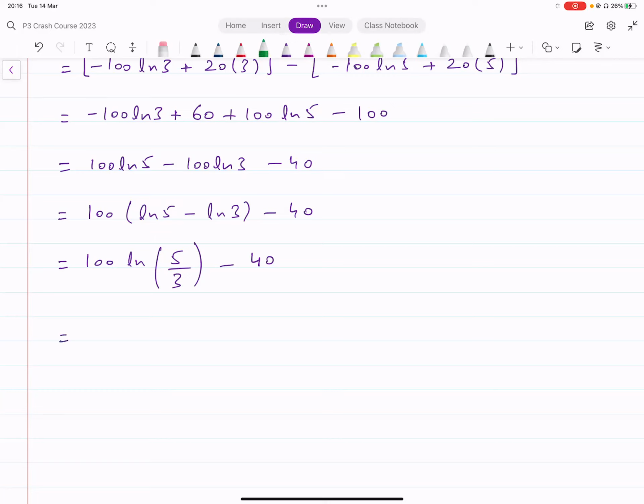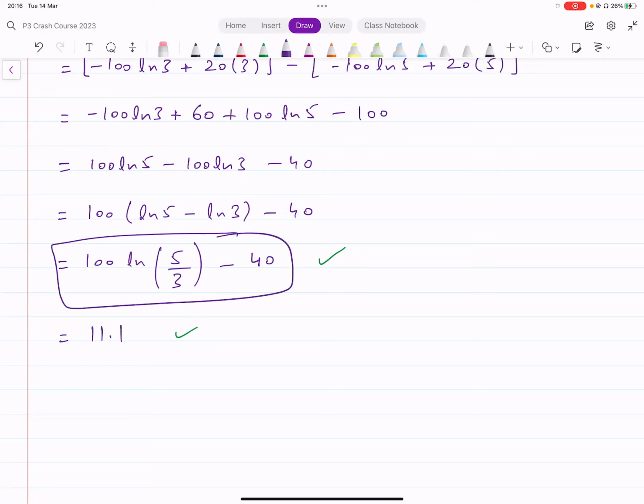And that will also be acceptable. Just put this whole thing in a calculator. You could do that right here as well if you wanted. If you put this in a calculator, that's going to give you 11.1, and that would also be acceptable. Okay, so in this case, both are acceptable, but if they asked for an exact form, this is what you would do in that case.